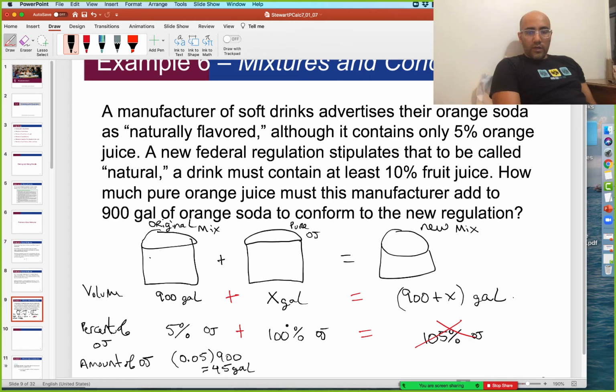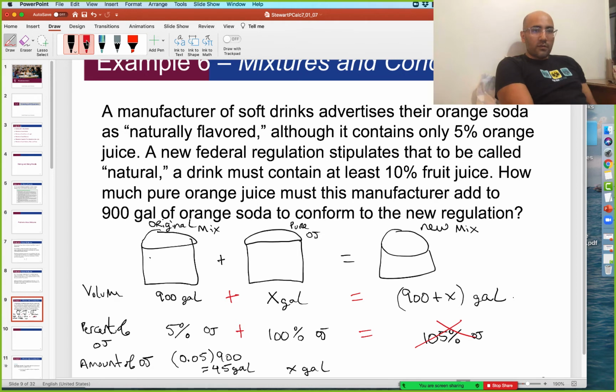And here, well, we don't know how many there are because it's 100% orange juice, but we don't know how many gallons there are. But whatever it is, it would be the same formula as this, which is going to be the percentage times the volume, which is just going to be X gallons, right? So there's X gallons of pure orange juice here. Good. And then the pure orange juice does preserve itself, right?